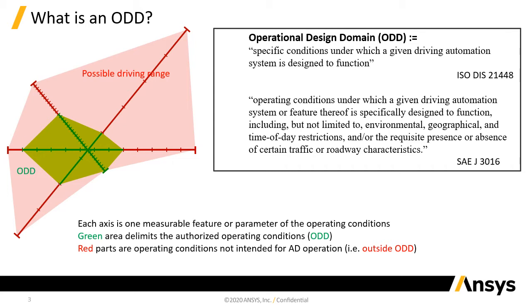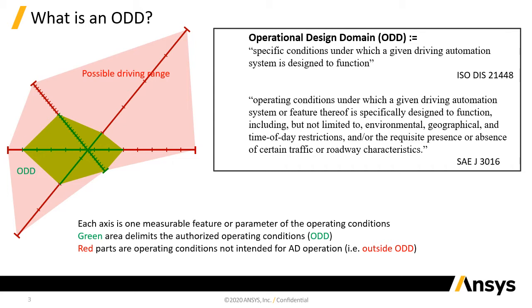And either the values on the axis are already enumerative, for example, road type can be highway, country road, city street, or off-road, or they are on a continuous space like the lane width. Then I can, of course, put a scale on it or make equivalence classes. And then I use these parameters, these attributes, these dimensions of my space to delimit a green space, which is my ODD.